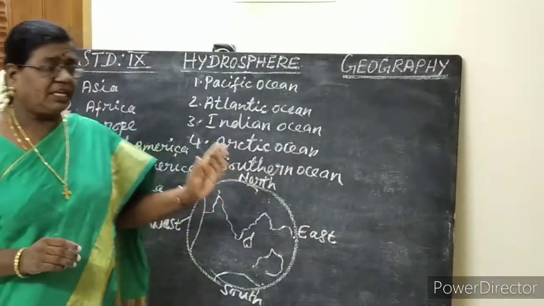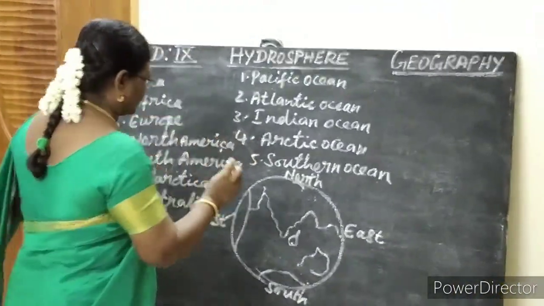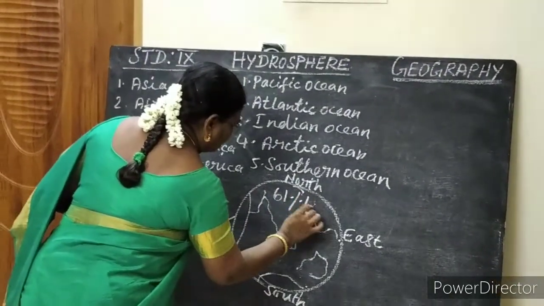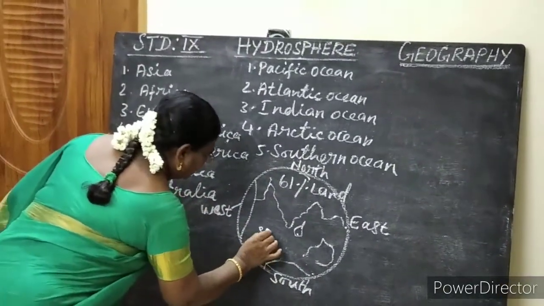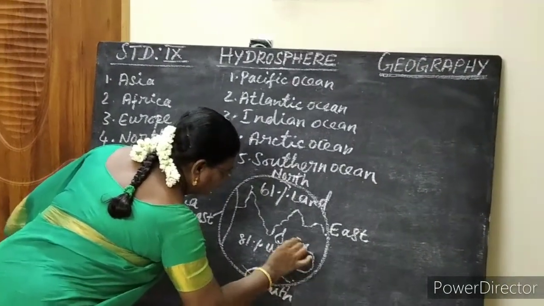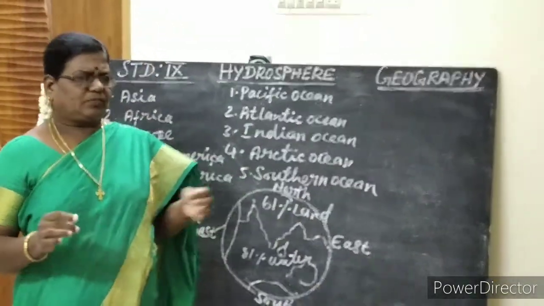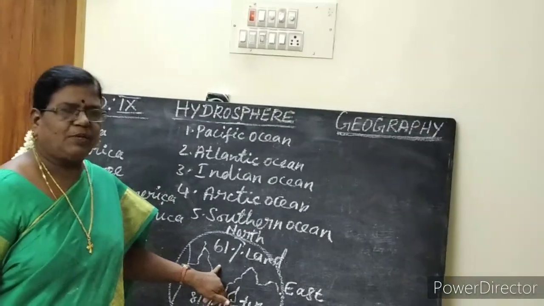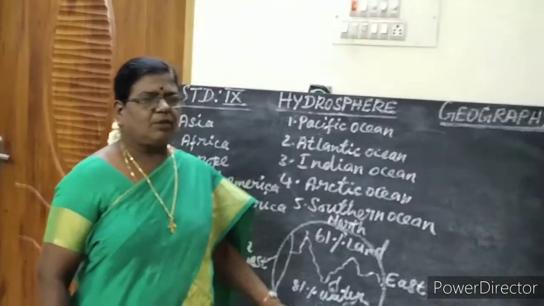Okay, the northern hemisphere holds 61 percentage of land. How many percentage of land? 61 percentage of land. The southern hemisphere holds 81 percentage of water. How many percentage of water? 81 percentage of water. So, the northern hemisphere is called the land hemisphere. The southern hemisphere is called the water hemisphere.